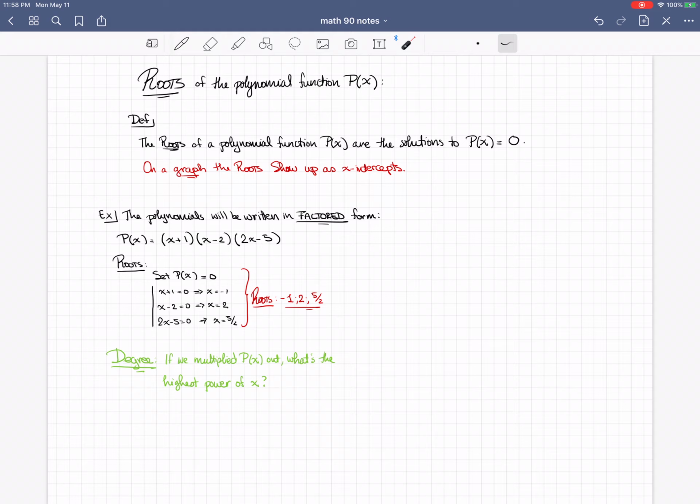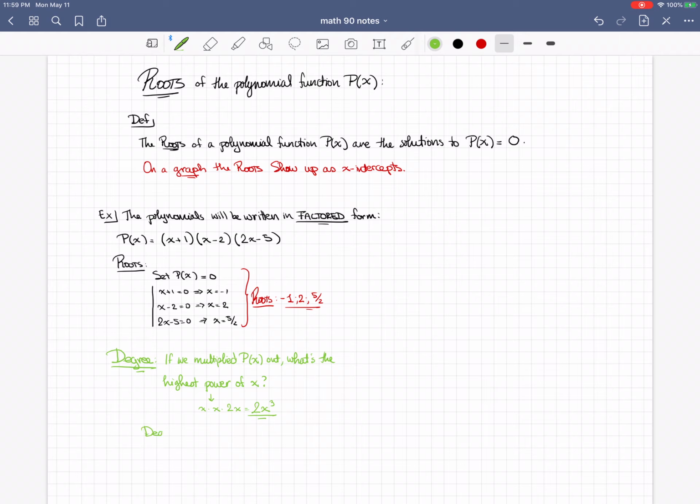But to get the highest power of x, you want to just multiply all of the x terms together. So the highest power of x is going to come from x times x times 2x, which is 2x cubed.